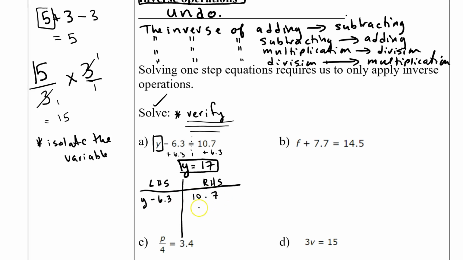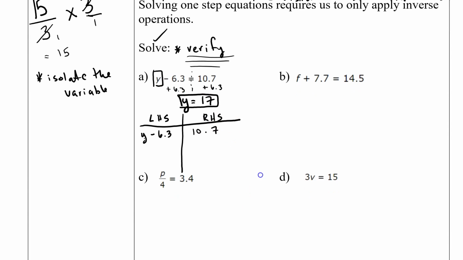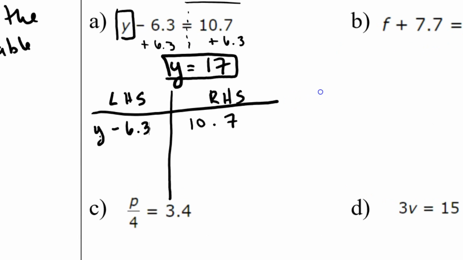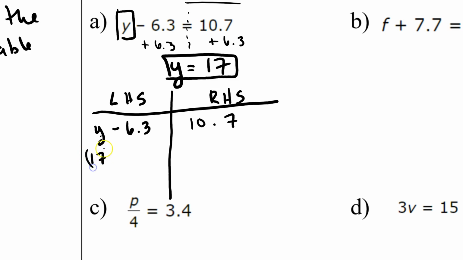Now there's only one side that we need to do fancy footwork around. This right here is just a value, so we don't have to do anything to this side. But I see a y here. So instead of writing my y, I'm going to substitute 17 in here, and I should get the right-hand side equaling the left-hand side. So I'm just going to zoom in here. Instead of y, I'm going to write 17, and you can always put a bracket around it, just saying that this is what I've substituted, 17 minus 6.3.